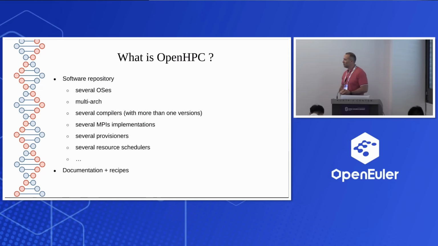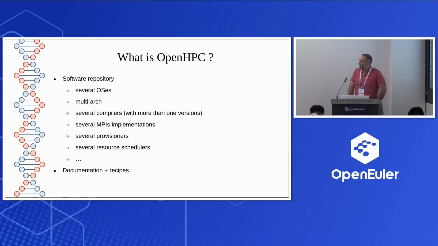MPI stands for Message Passing Interface, and it's an architecture for inter-process communication between the compute nodes. So one node computes something, then it sends the result to another node to do something more, and it does it in a highly efficient way.